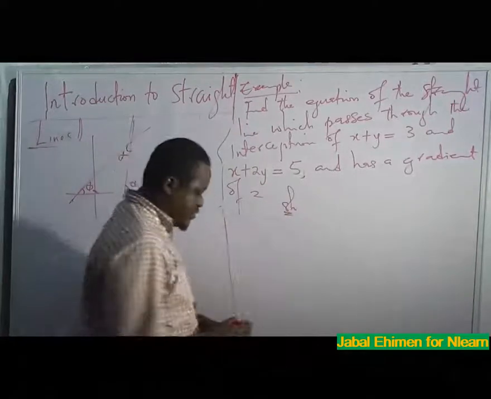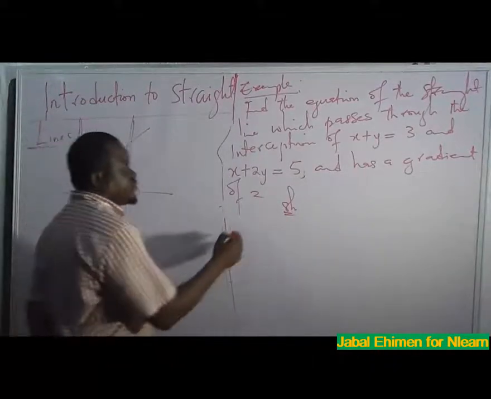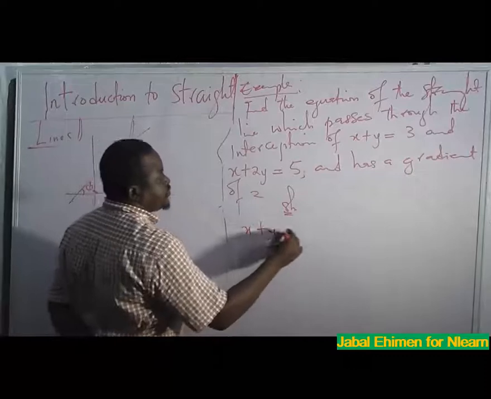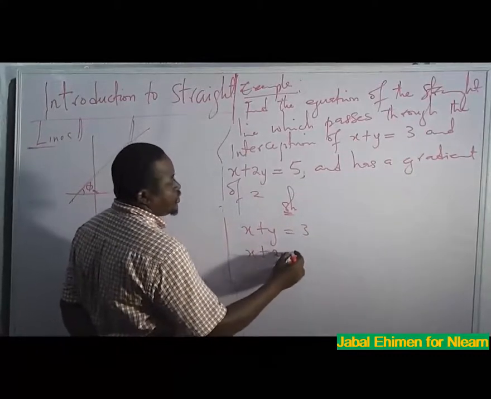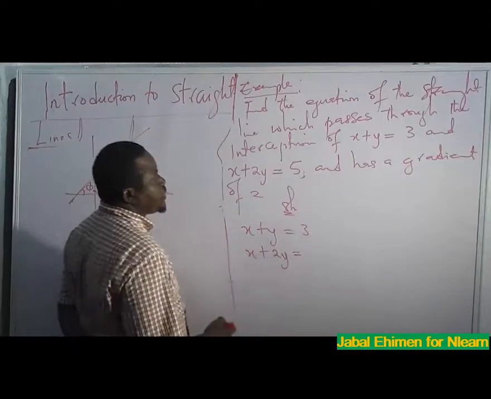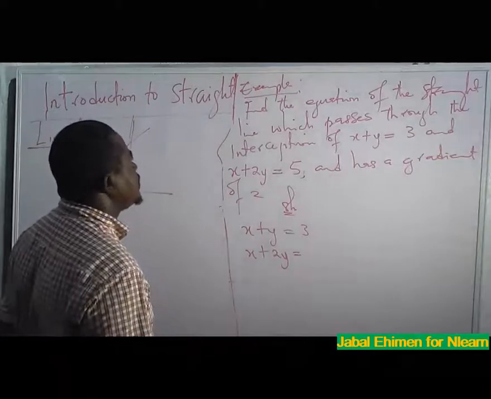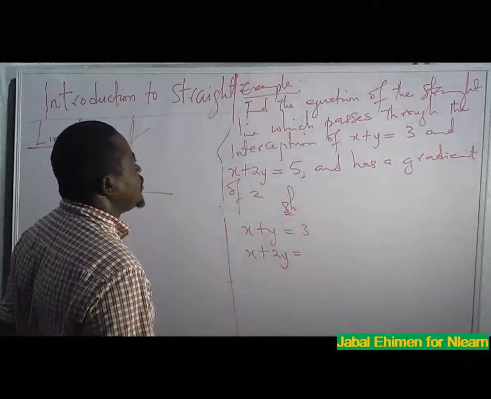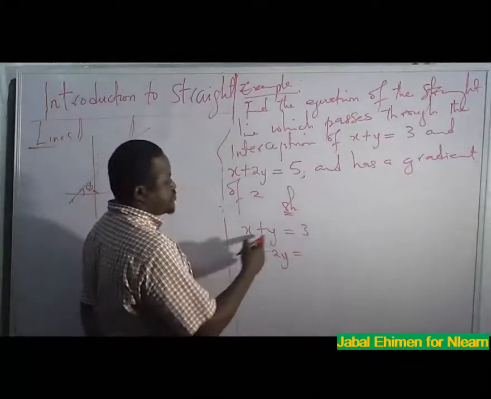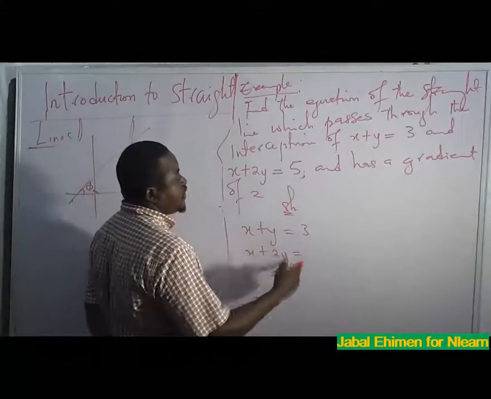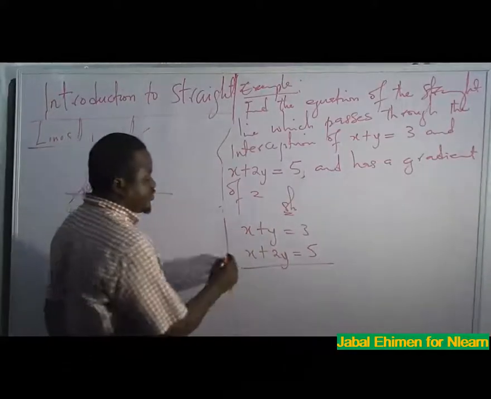So you just solve them out. How do you do that? There are two equations. Just solve them simultaneously. x plus y is equal to 3, x plus 2y is equal to 5. Since the x values are the same, just subtract the equations.